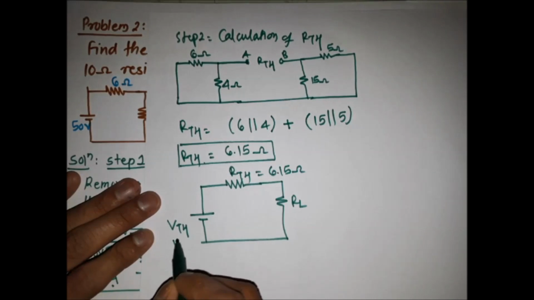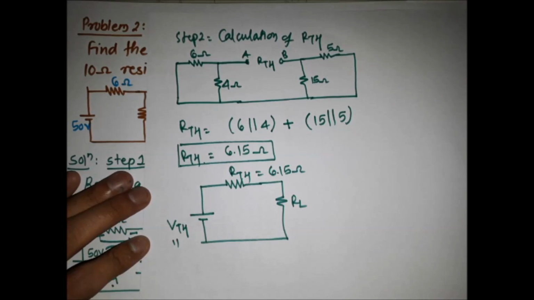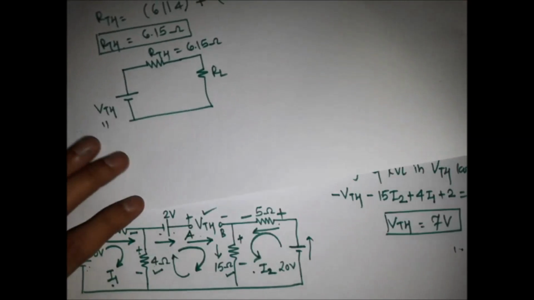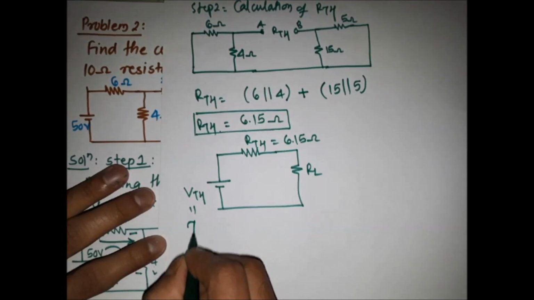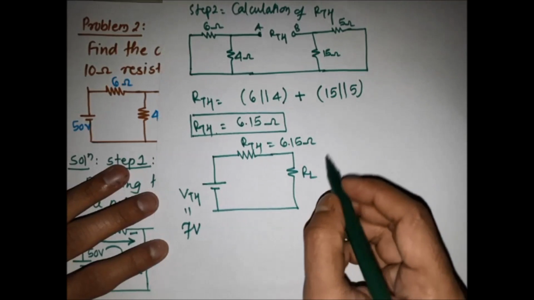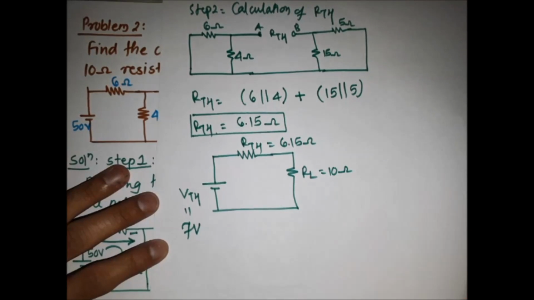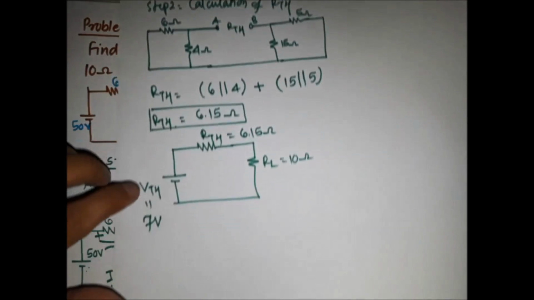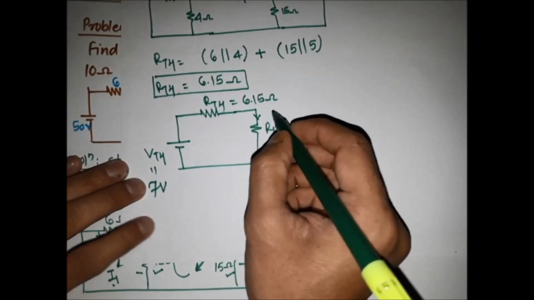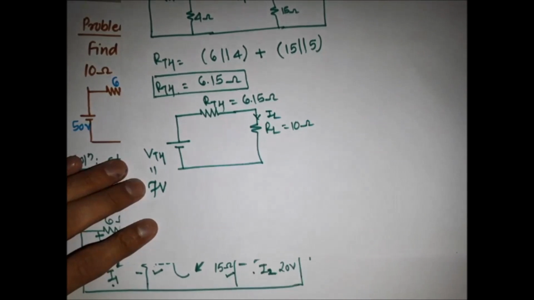The value of VTH we got is 7 volt. So VTH is equal to 7 volt and RL is equal to 10 ohm. We have to find the current through this load resistor.